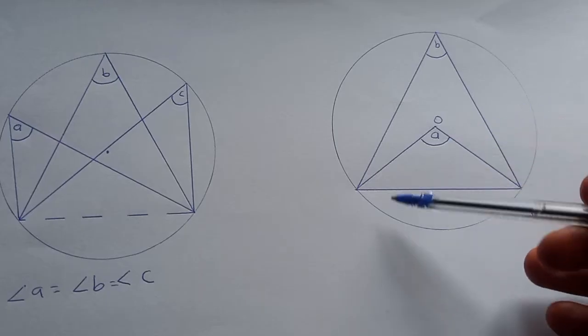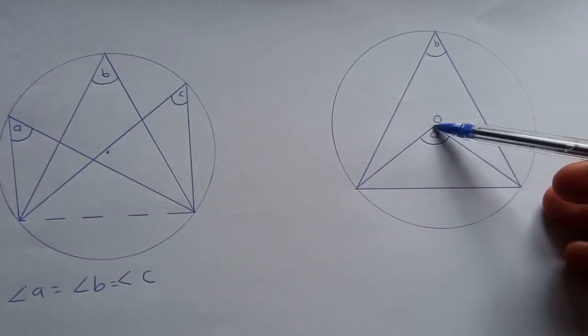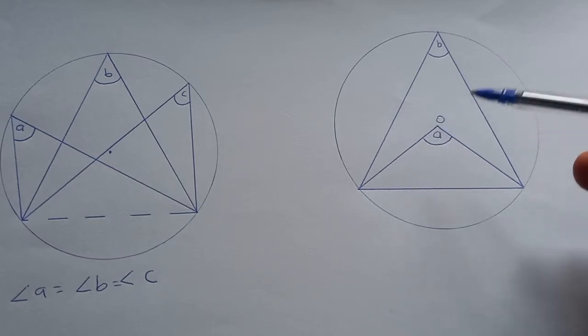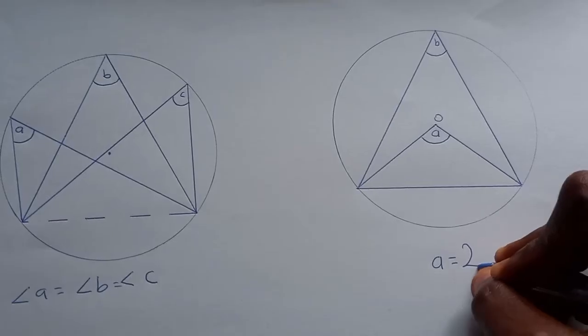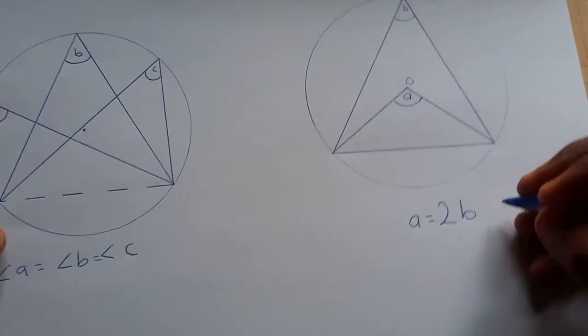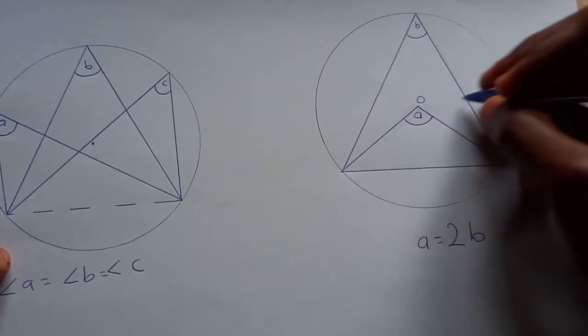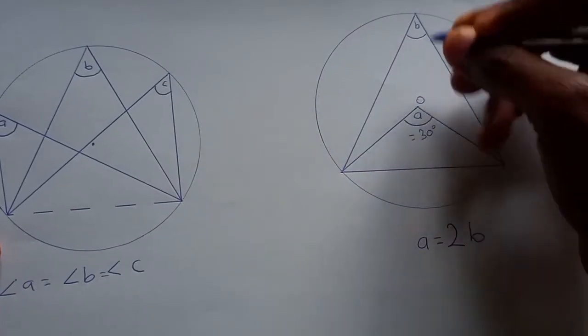The angle a chord subtends at the center, O, is twice the angle subtended at the circumference of the circle. So for example, giving A to be equal to 30 degrees, what do you think B will be?